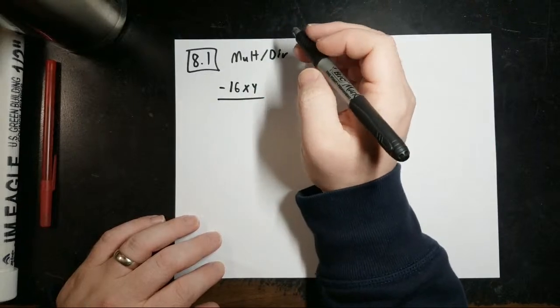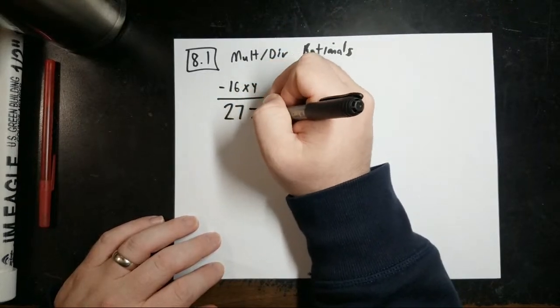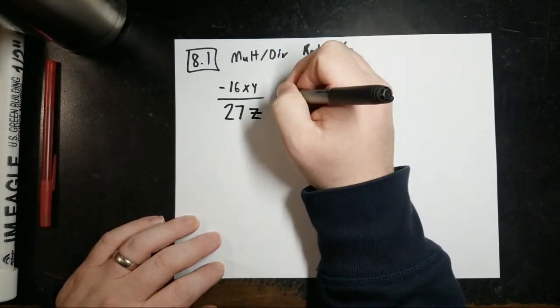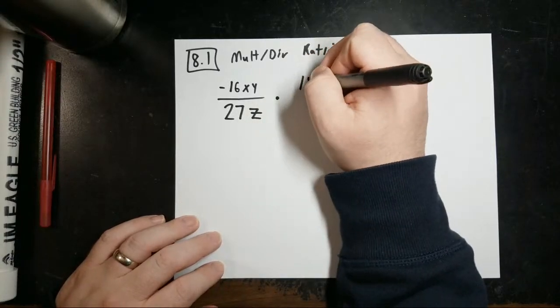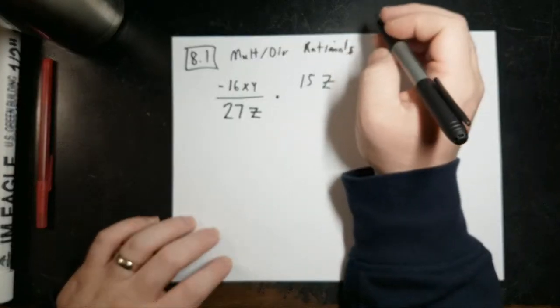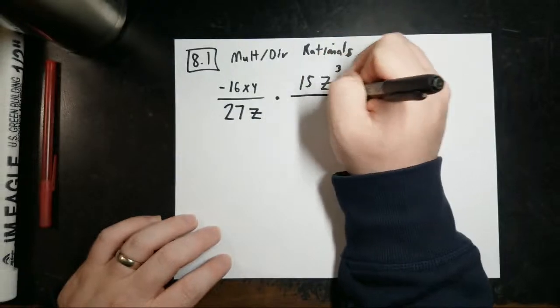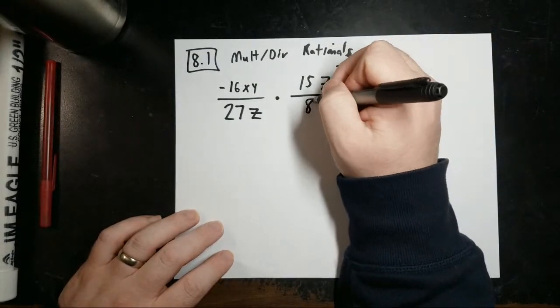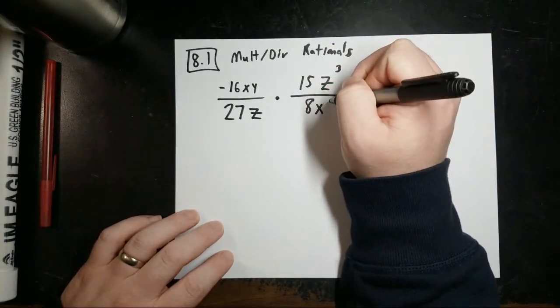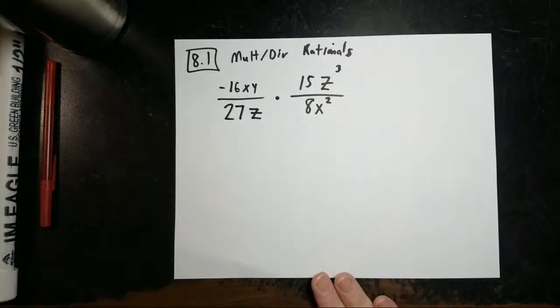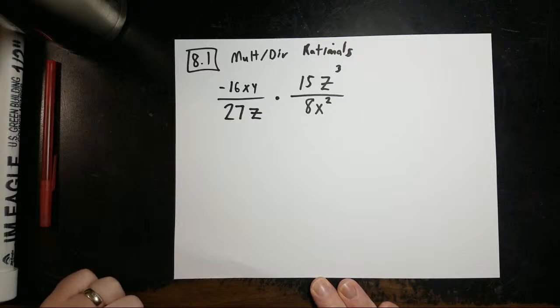Now, you may not have seen these problems before, but that is perfectly acceptable. Let's just see what we can do with this one. Negative 16xy over 27z times 15z cubed over 8x squared.